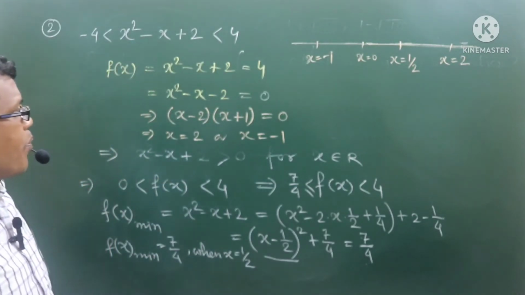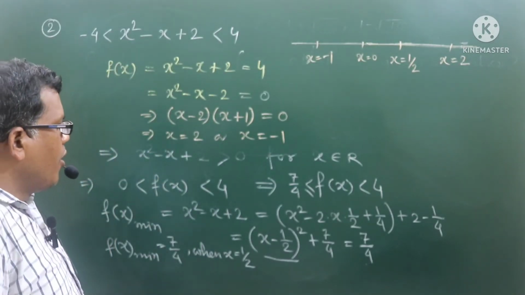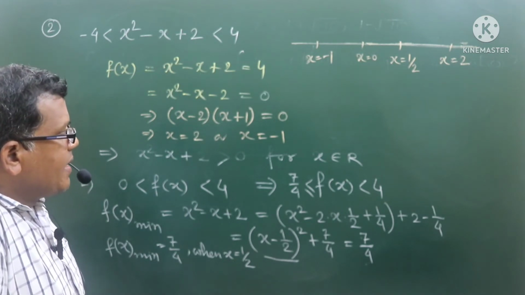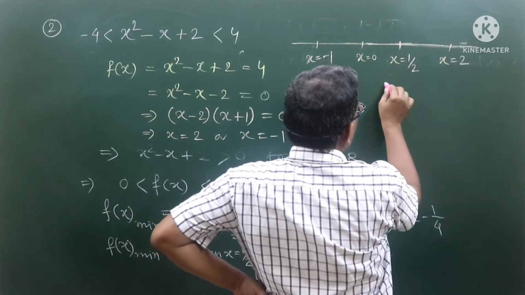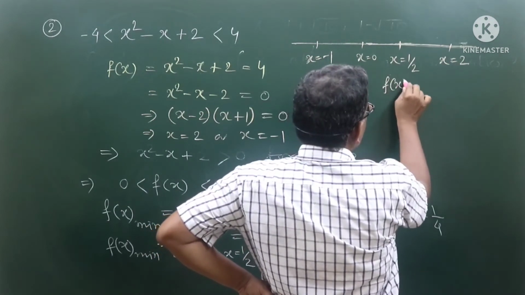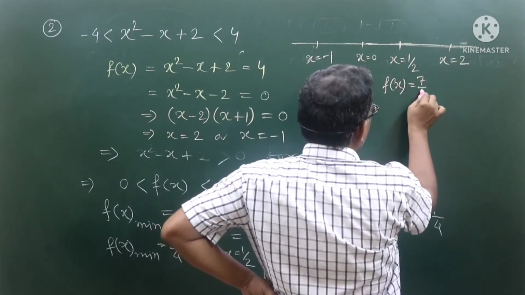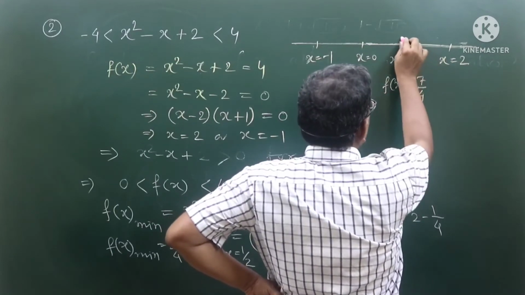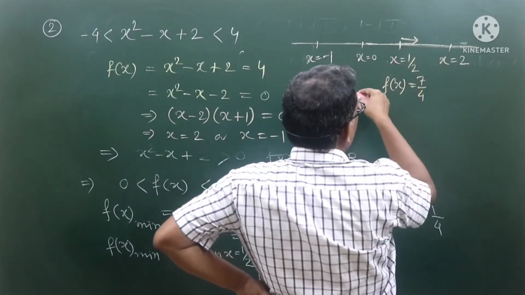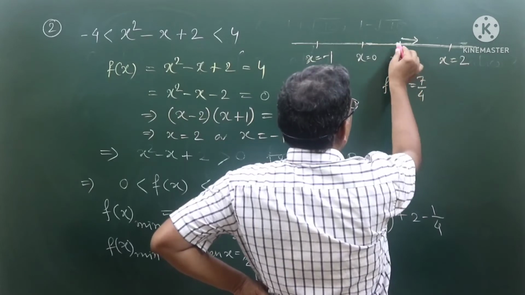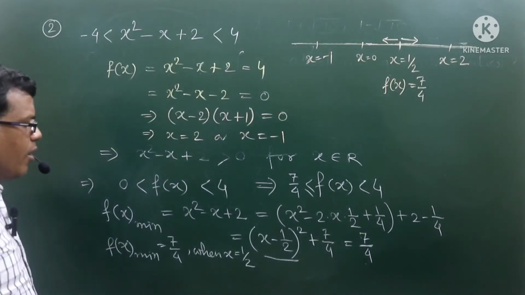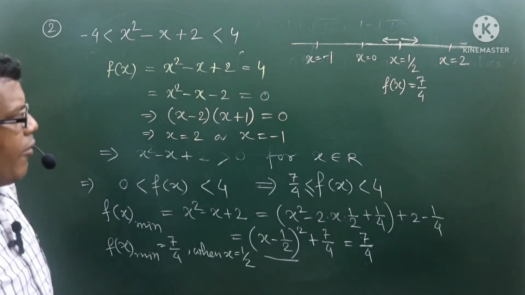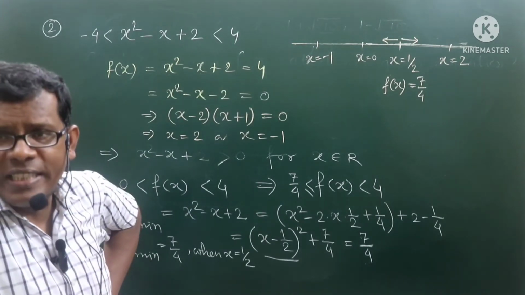At x equal to half, I get f of x exactly as 7/4. Now my question is, once I start increasing the value of x more than half, or putting the value of x less than half, how does the f of x value start changing?